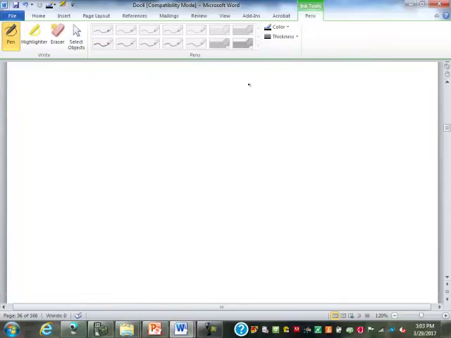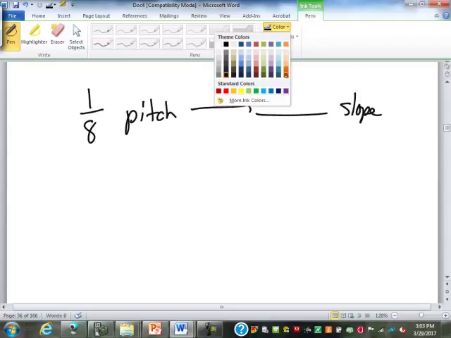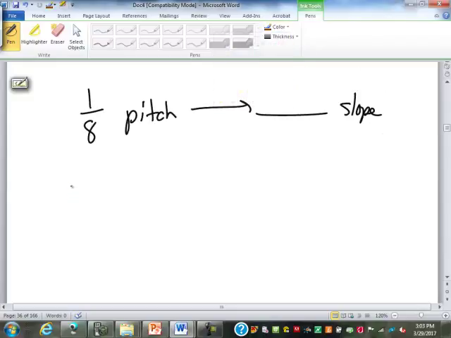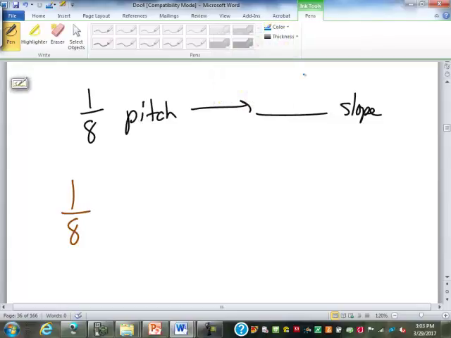Let's say we do a 1/8 pitch. Let's change that to a slope. So what are we going to do to our 1/8? We multiply the numerator times 2. So 1 times 2, and this is going to become 2 over 8.